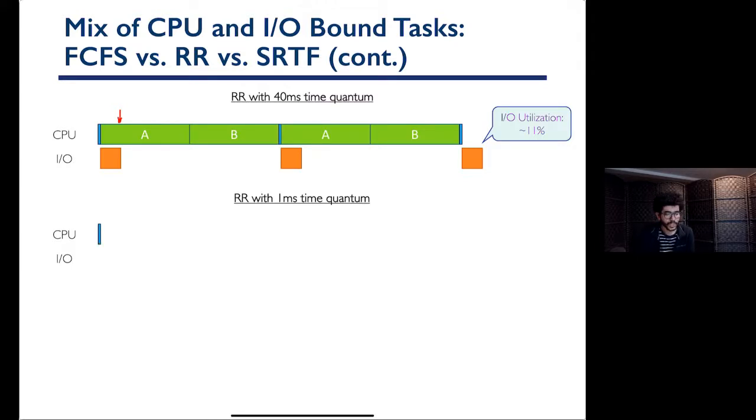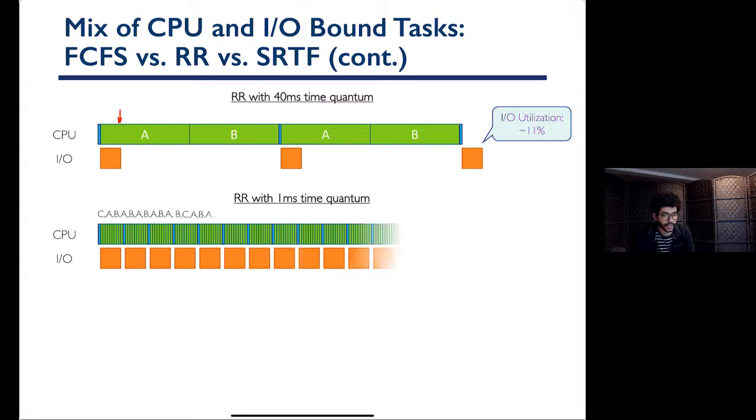In this one, C is going to run for 1 microsecond, and it's then going to go for I/O. While it's going for I/O, A and B are going to run, each one of them 1 microsecond, and then switch between them because C is now out of the picture. So we're going to do A, B, A, B, A, B, A, B, B, and then C gets to run again. This is how it's going to look.